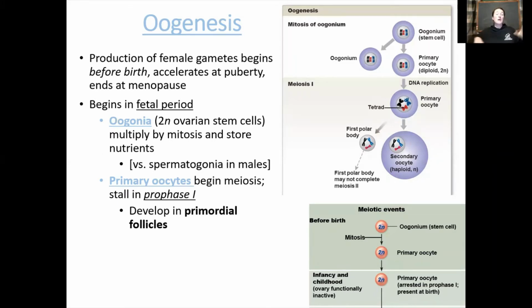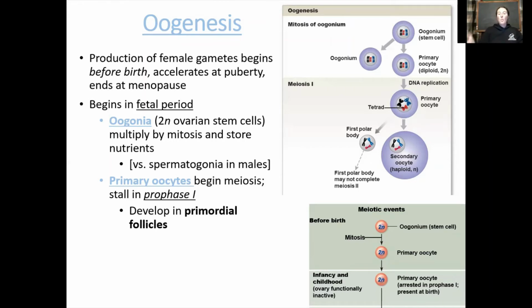Someone hit the pause button until 2 weeks leading up to ovulation. So this may be 12 years later. This may be 40 years later. Those very same cells began this process before mom was born, and their process doesn't complete itself in reality until fertilization occurs.